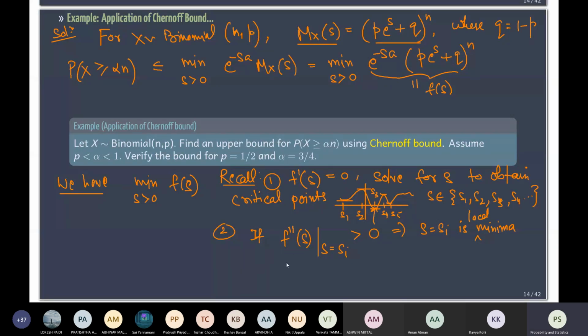Similarly, if f double prime at s equal to s_i is less than 0, this implies s equal to s_i is a local maxima.